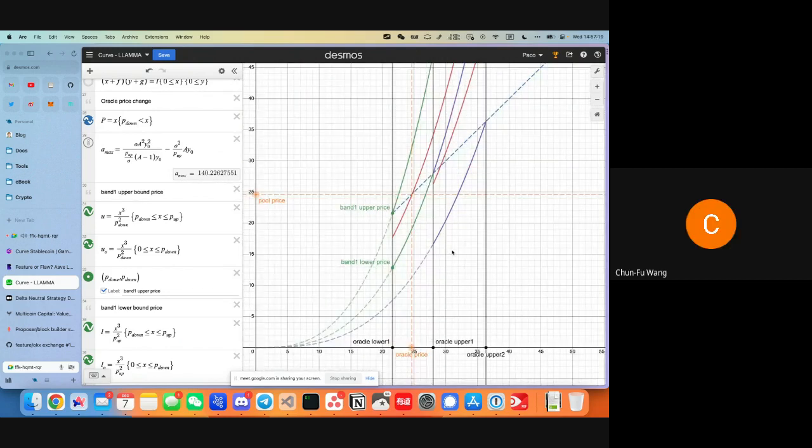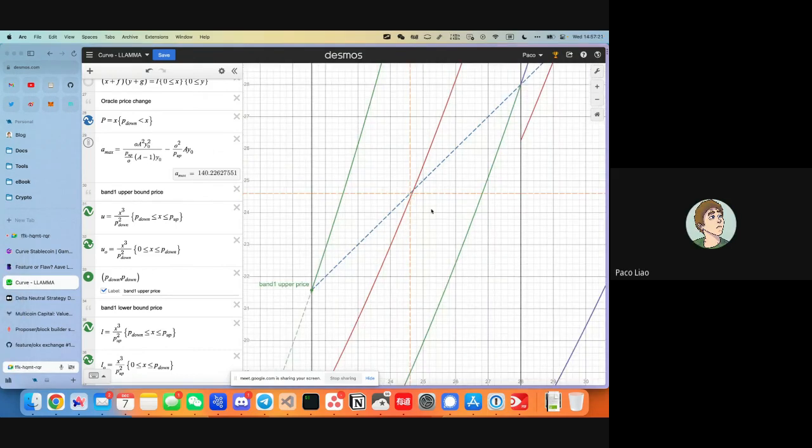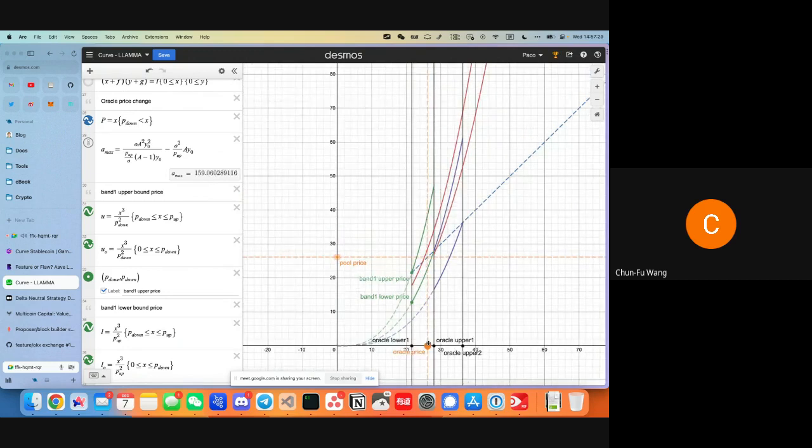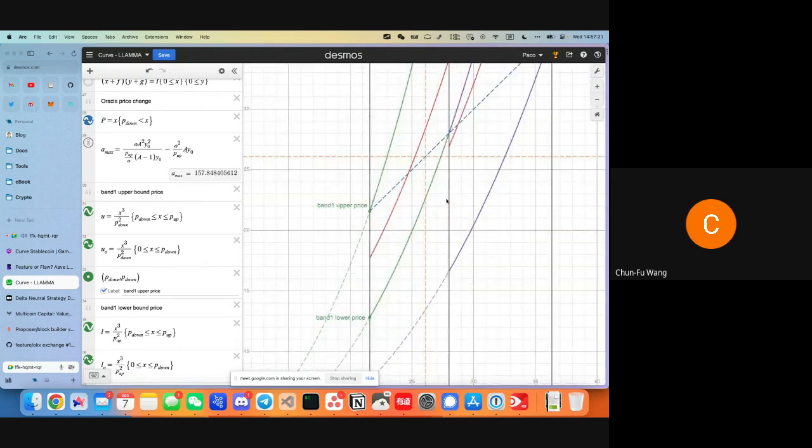So if people are selling ETH to you, your AMM price will go down. Yeah. So in that case, does that mean it's going further and further away from the external price?